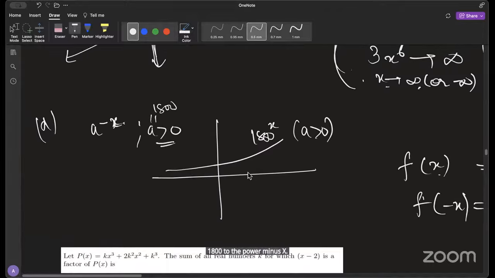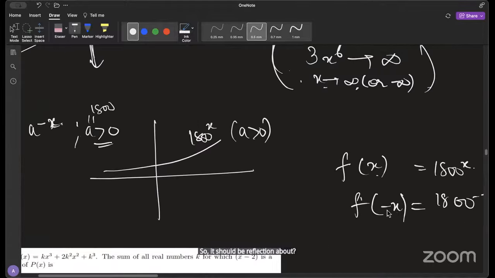Since you have a negative in front of x, it should be reflected about the y-axis. Treat the y-axis as a mirror. This becomes this, and this. Now your 1800 to the power minus x is this curve.